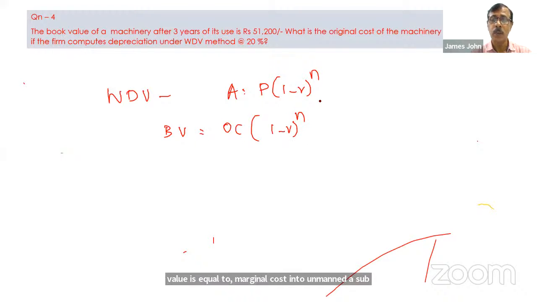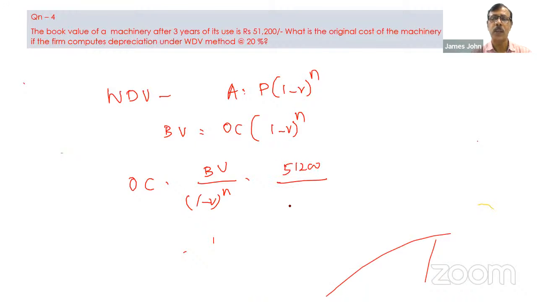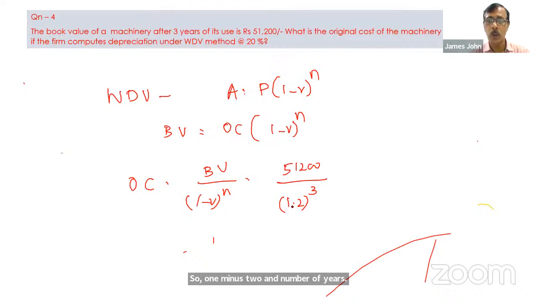What is the question here? We want original cost. So original cost is equal to book value by 1 minus R the whole raised to n. What is the book value? It is given that the book value of the machinery after 3 years is 51,200. The rate is 20%, and number of years is 3. So 1 minus 0.2.